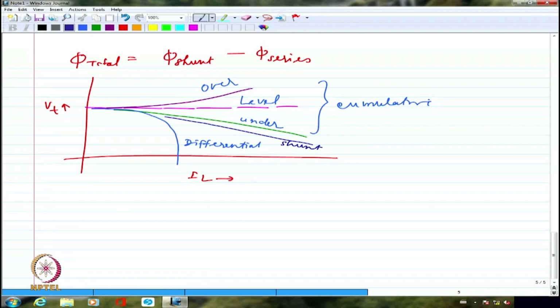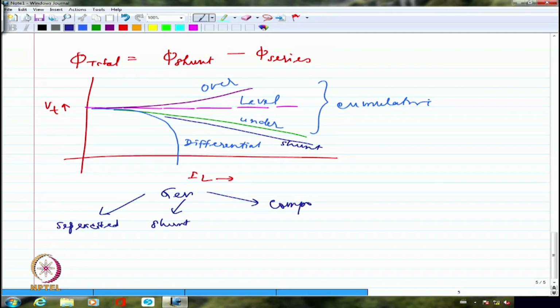This is another type. If you look at the DC generator configurations, one is of course separately excited, which we have seen already. The second one is shunt. The third one we called compound. Inside the compound generator, I can have long shunt and short shunt, depending upon the connection.